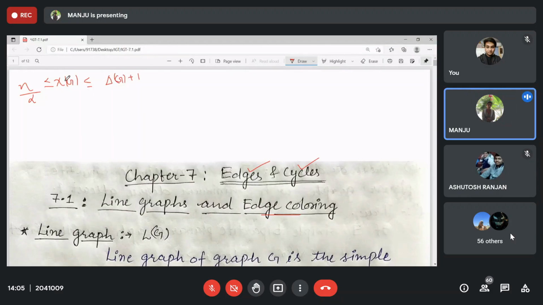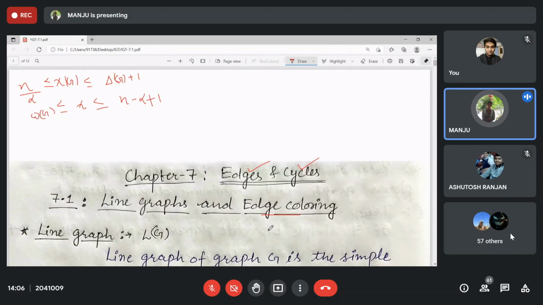And the other upper bound was omega G, the clique number, right? The maximum L such that K_L is a subgraph of G, that is, the maximum number of pairwise adjacent vertices. And another bound on the chromatic number was n minus alpha plus 1. Clear?